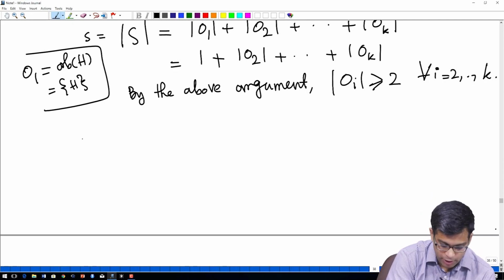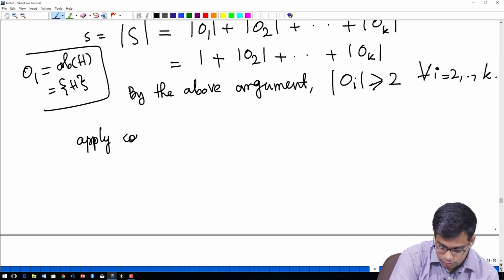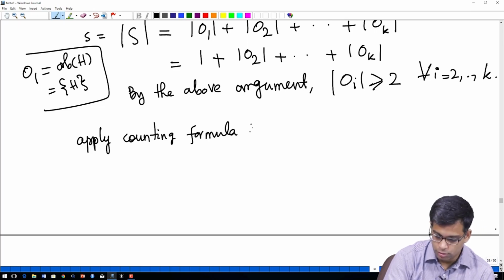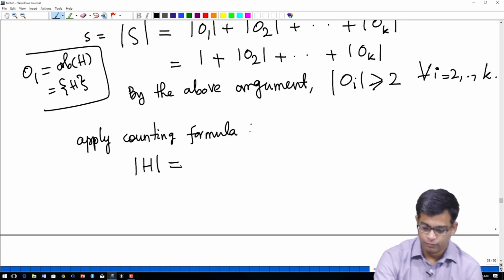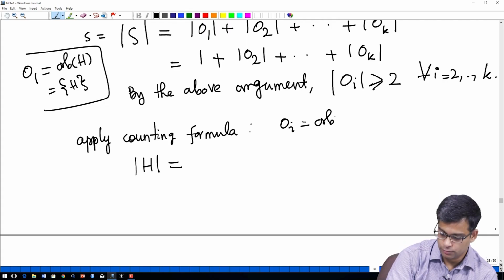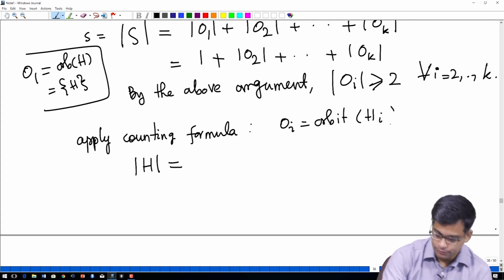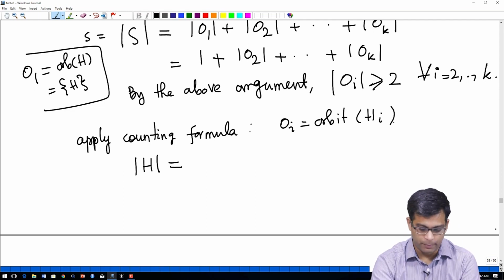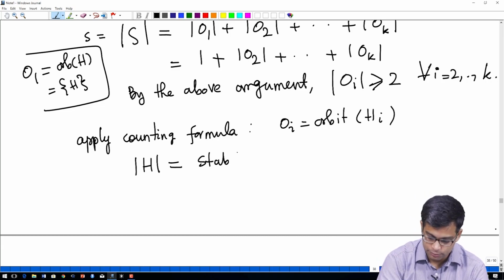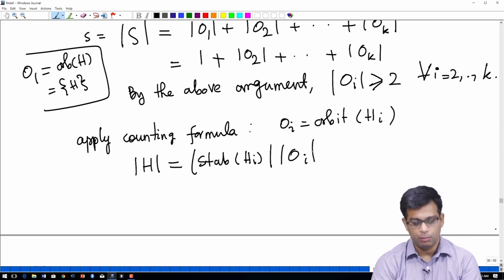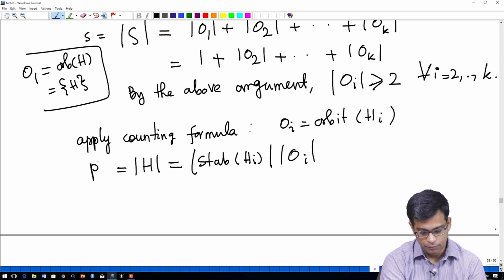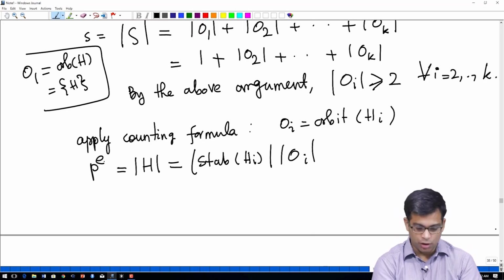But now apply the counting formula. Here we are looking at the H action. So let us say O_i is the orbit of H_i. The counting formula applied to that says the order of H is the order of the stabilizer of H_i times the size of O_i. But what is the order of H? H is a Sylow p-subgroup, so the order of H is p^e.